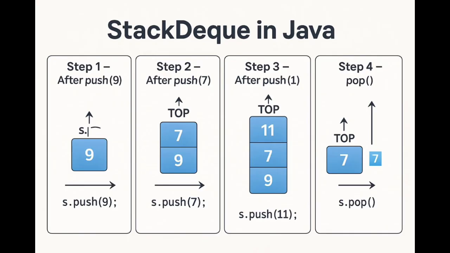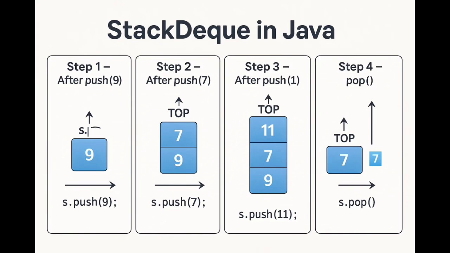Now the element 9 is at the top of the stack. Then, in step 2, we push another number, 7, using s.push(7). A new element is always added to the top of the stack. So now 7 is above 9.